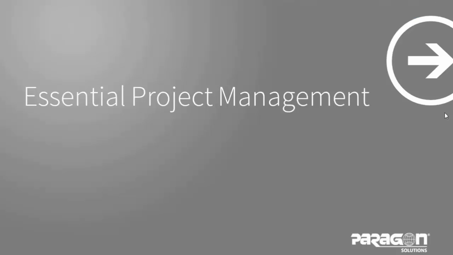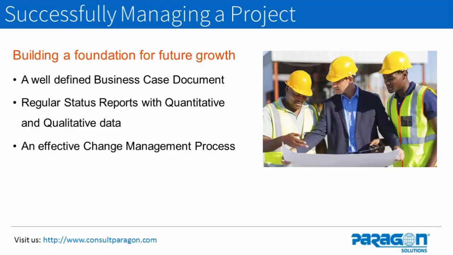Thanks, Jim. Let's take a look and set the stage for the core success in managing projects, basically the essentials of project management. There are 3 elements that have to be in place to manage any project regardless of size. The first is a solid business case or a base for evaluating your direction.